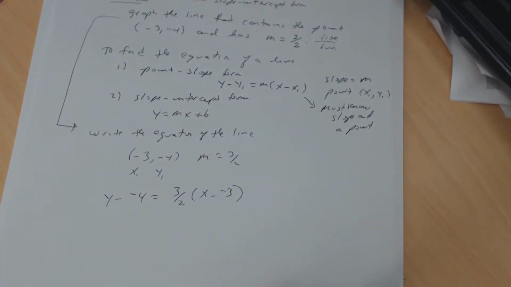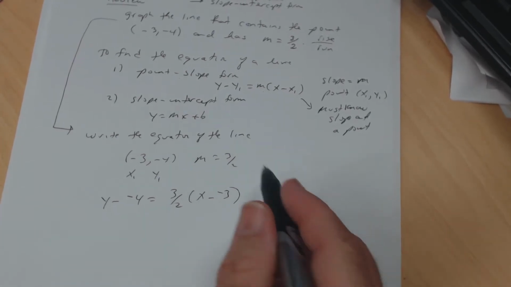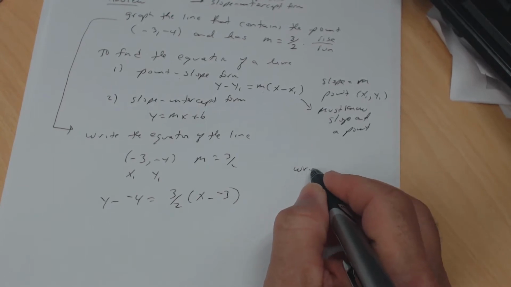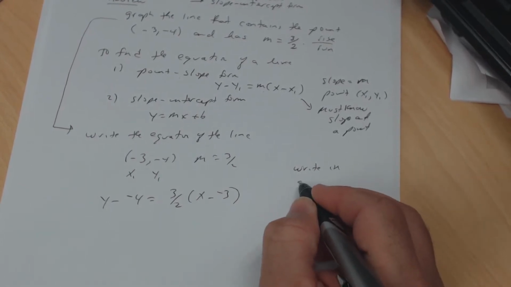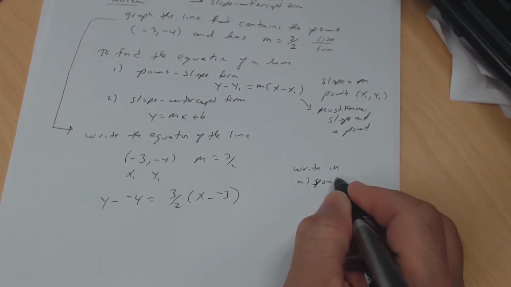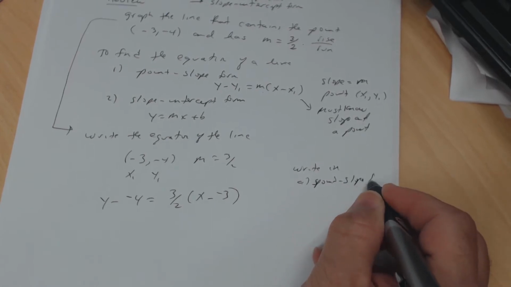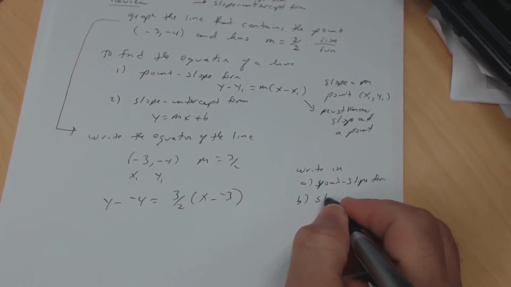Now remember the directions: write each line in point-slope form and slope-intercept form. So two things: A, point-slope form, and B, slope-intercept form.